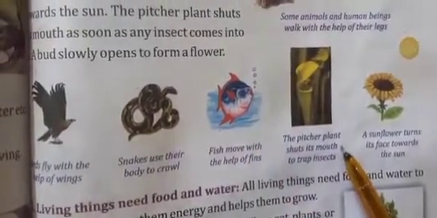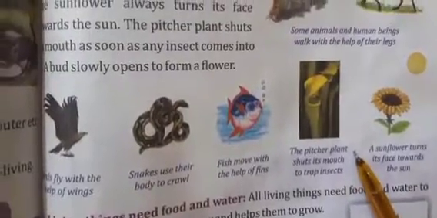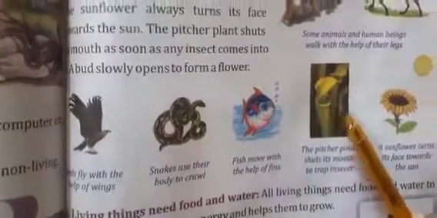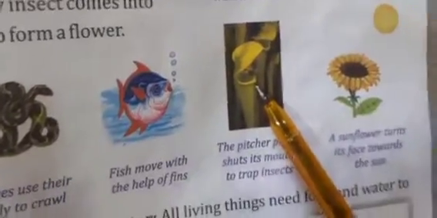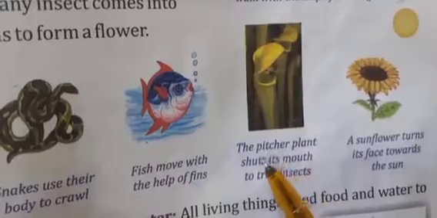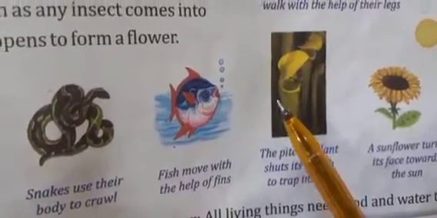And next, in plants, the first example we are going to see is the pitcher plant. This is called an insectivorous plant, children. This plant is called the pitcher plant. This is the plant structure.